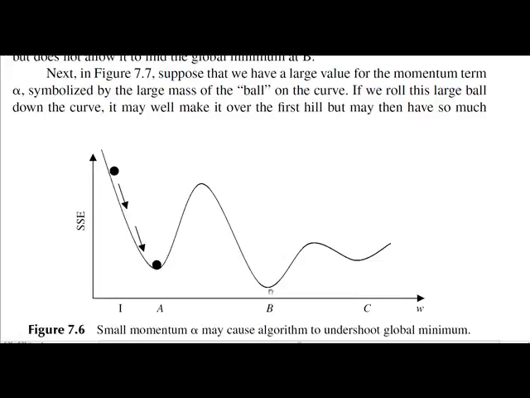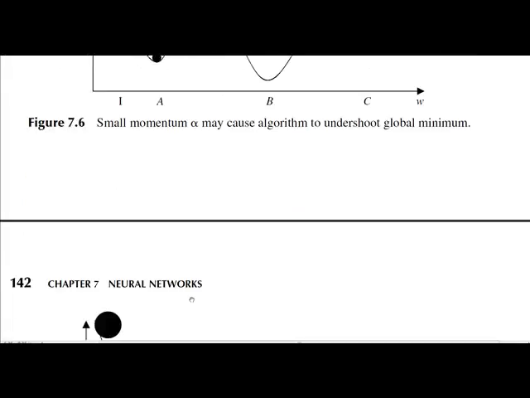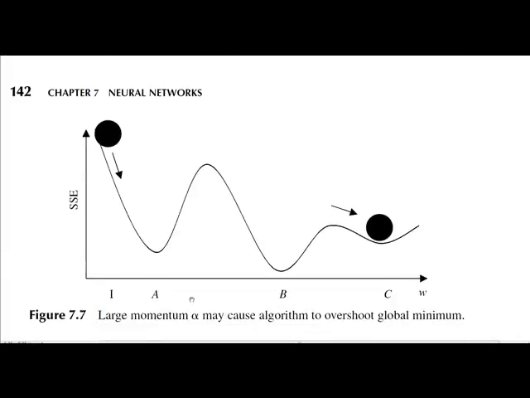This is the smallest SSE. At this point, you might get stuck here. So small momentum alpha may cause the algorithm to undershoot the global minimum. You can read about that, whereas greater momentum, which is shown by a larger ball, might cause you to overshoot the global minimum.